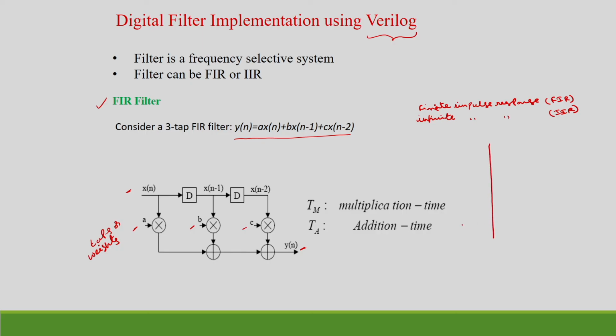Suppose I take a low pass filter. Ideally it should pass all the frequencies from 0 to WC with unity gain, and reject all the frequencies beyond WC. But practically you will get something like this.